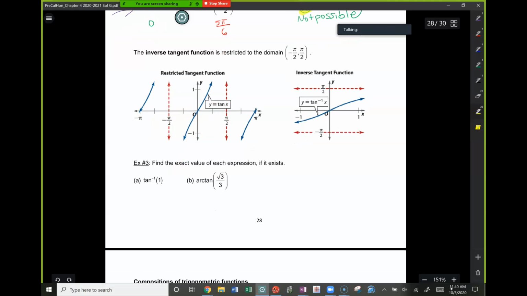Now for the tangent, it's pretty easy to figure out that if you just take that one arm, that satisfies the horizontal line test. So my restricted domain is again from negative pi over 2 to pi over 2. It looks like this.